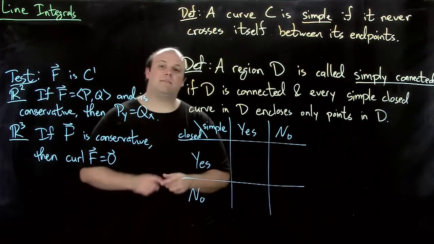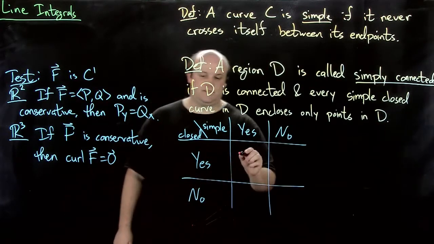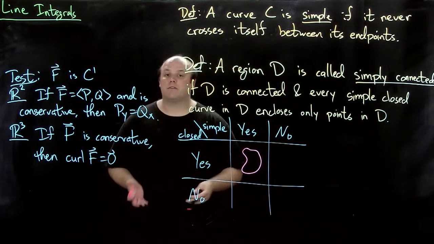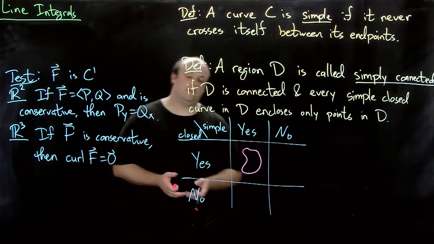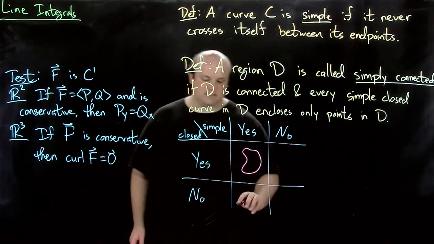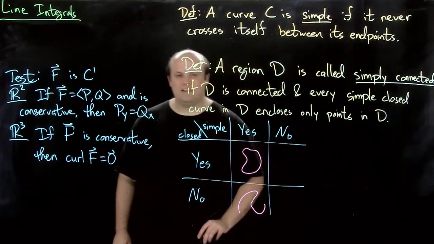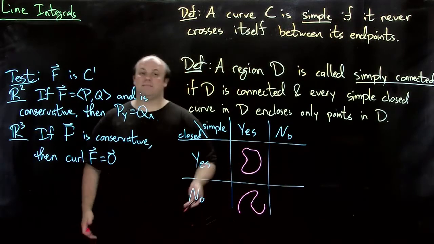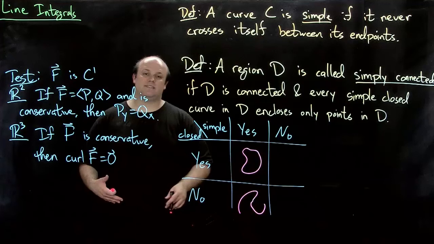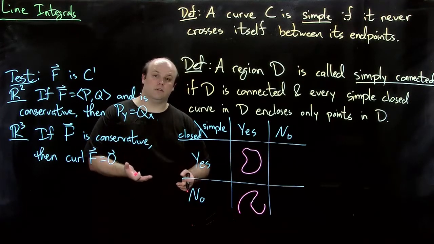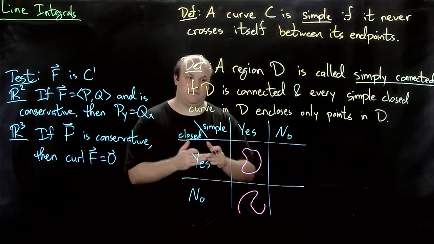Well, something that's simple and closed is something like this. It doesn't cross itself and it closes up. A simple guy that isn't closed is something like this, right? It never crosses itself, but it also isn't closed because it never meets up.